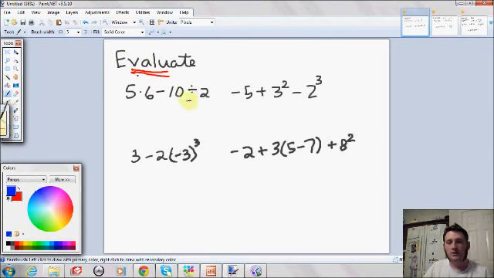And so you look at this first little problem, there's no grouping symbols, but there is a multiplication and a division, and so we would need to do those first. They have the same priority, so we would do the one on the left first. 5 times 6 is 30. Division takes priority over subtraction, so 10 divided by 2 is 5.